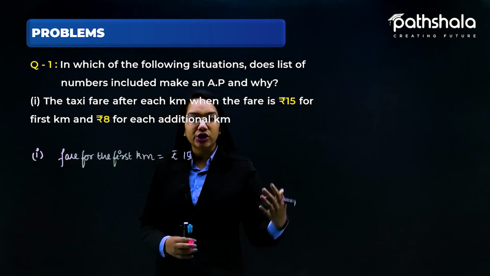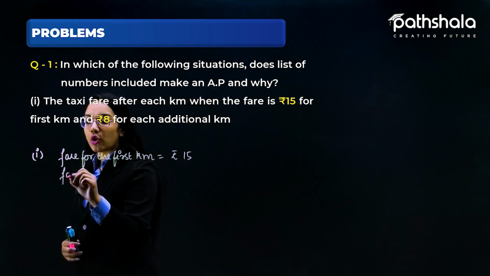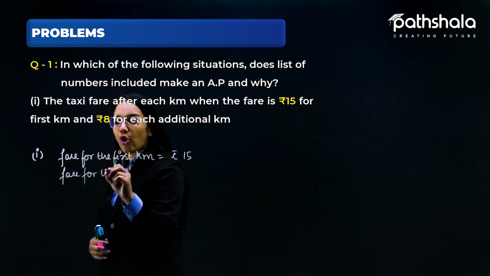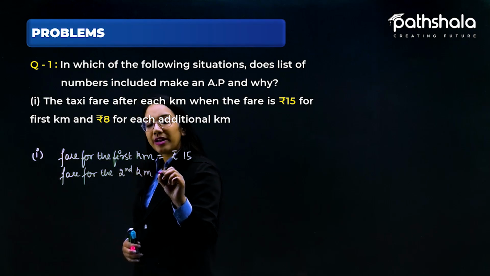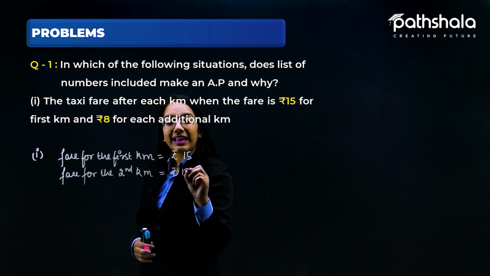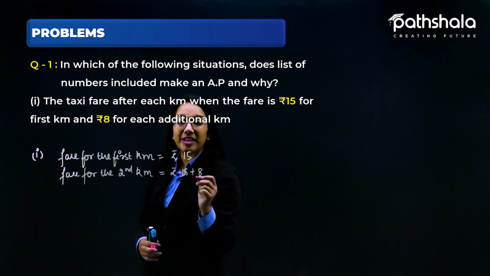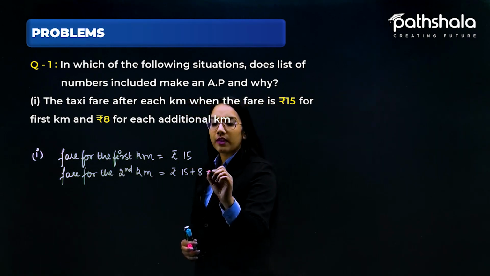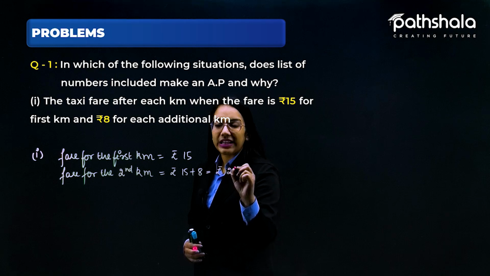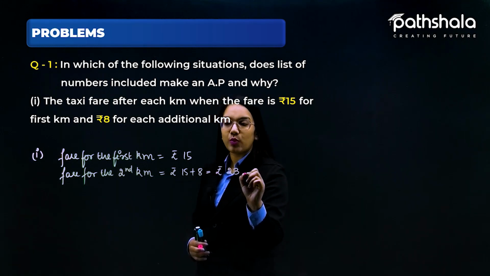But for an additional kilometer, if I am talking about the fare for the second kilometer, it would be rupees 8 more than the previous one, so this would be rupees 23.